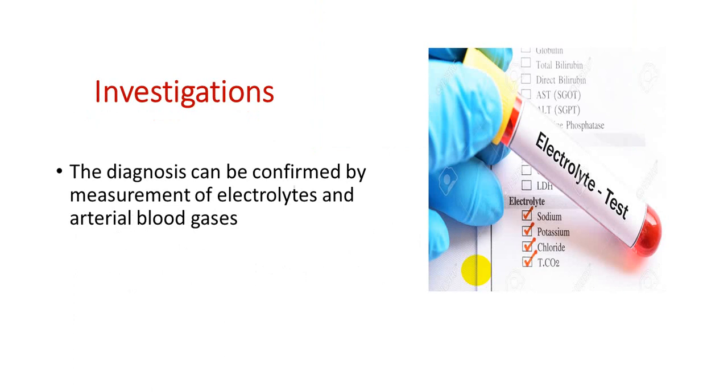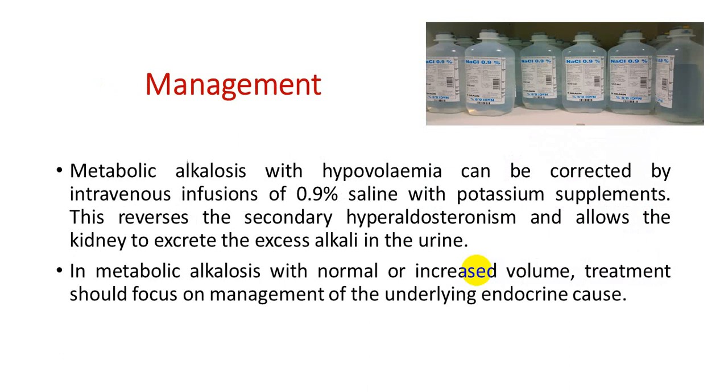Diagnosis can be confirmed by measuring the electrolytes and arterial blood gases, a facility that should always be available in emergency units. Management of metabolic alkalosis with hypovolemia can be corrected by intravenous infusions of saline with potassium supplements.